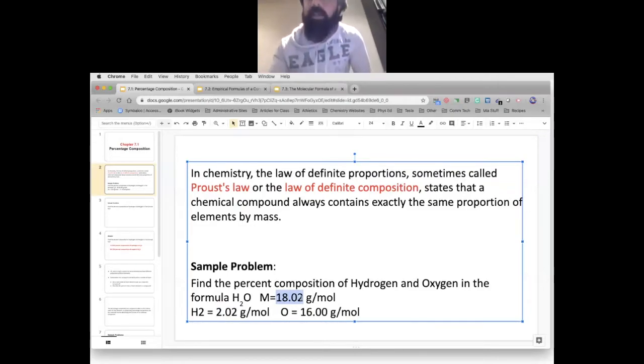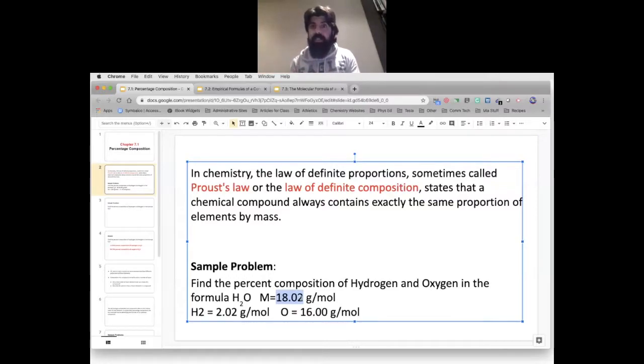So it's kind of like calculating the percent that we get on a test. If a test is out of 50, and we score 40 out of 50, how do we calculate the percent? We take the 40, divide it by the overall number of marks, and multiply it by 100.